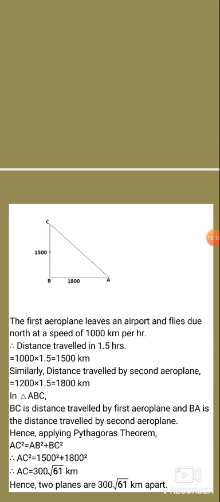Now the first aeroplane leaves an airport and flies due north at the speed of 1000 km per hour. So if it is 1000 km per hour, we have to take what? The distance traveled in 1.5 hours is equal to 1000 into 1.5, which is equal to 1500 km.